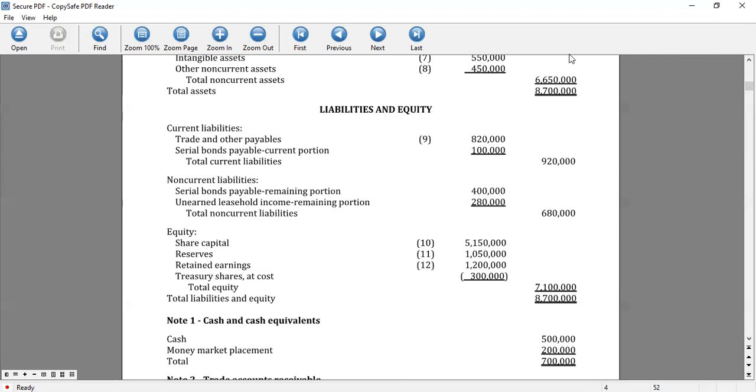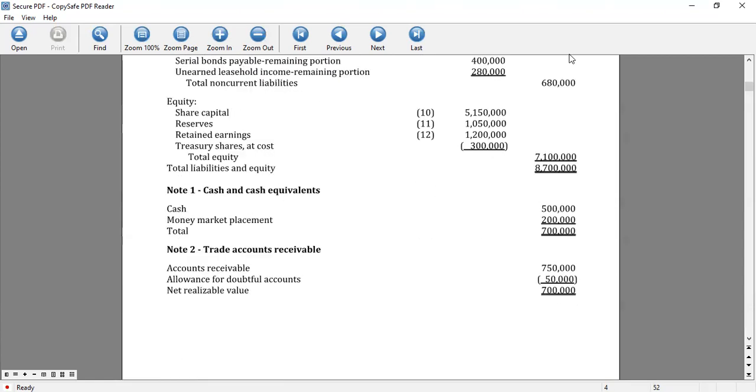Now this corporation share capital at cost included among the assets. Current assets, Socorro Corporation share capital at cost of 300,000. This is actually treasury shares.